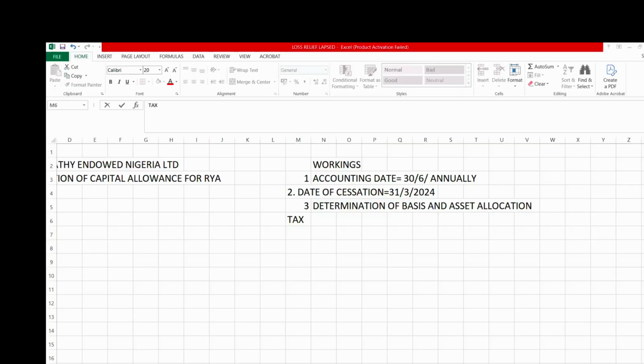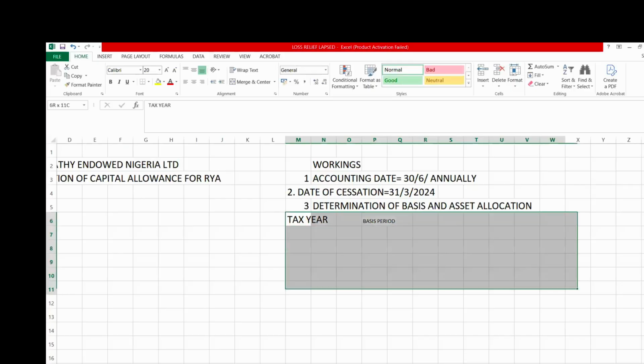So we have tax year. We have basis period. So we need those information.